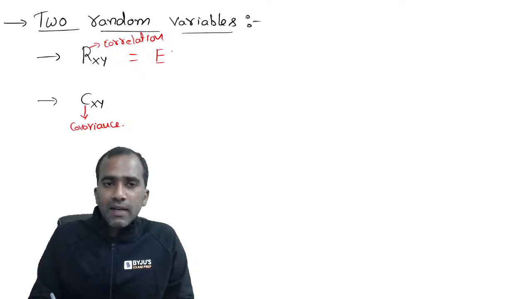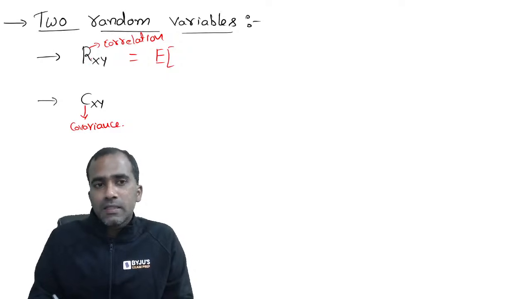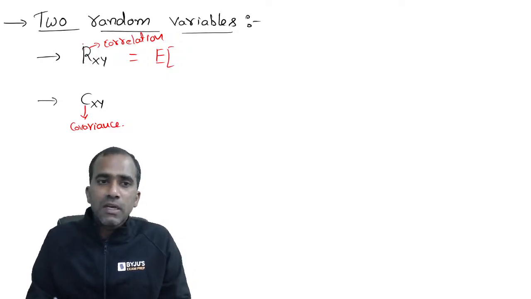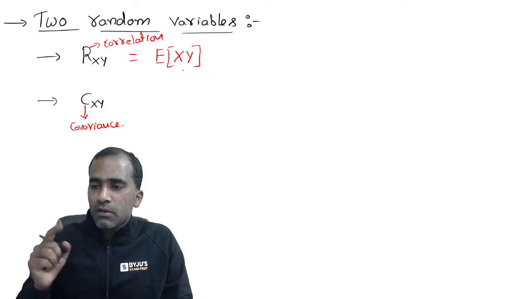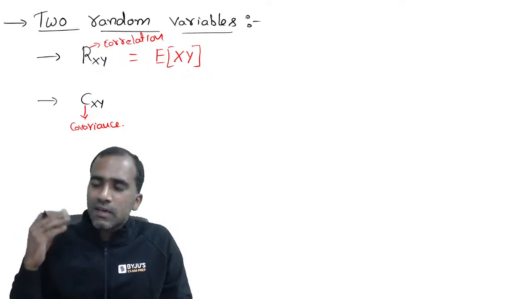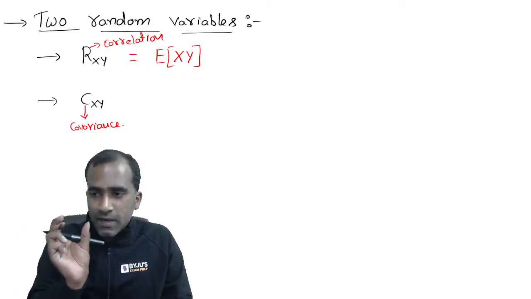The meaning of Rxy, this is the notation that we follow. In an exam, they might take some other notation also, but generally this is the notation followed in many textbooks. So Rxy, the definition of it is expectation of x into y. X is a random variable, y is a random variable, and xy is another random variable. That product xy is random, right?